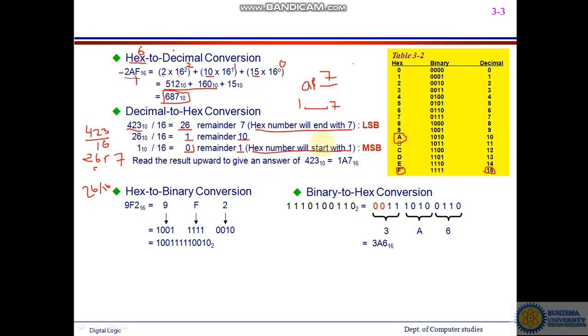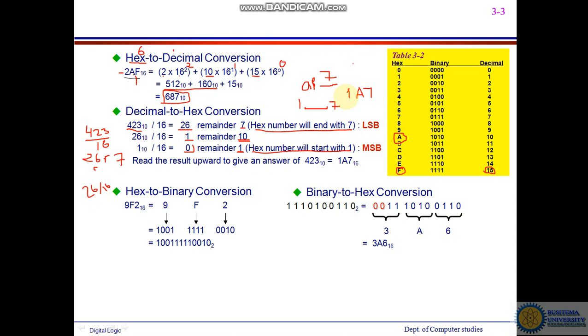So when I read, I see I'm having a 1, so I'm going to write this 1 as the beginning of my hexadecimal. Then I'm seeing here a 10. Remember, a 10 in hexadecimal means A, so I'm going to write here A. And then lastly I have the 7, and I write 7.